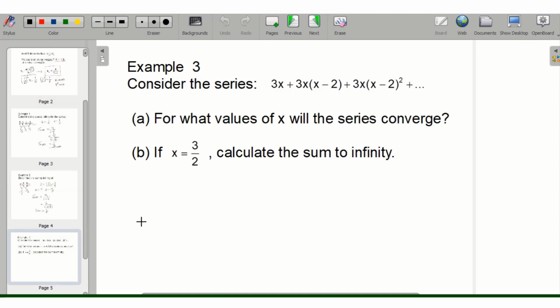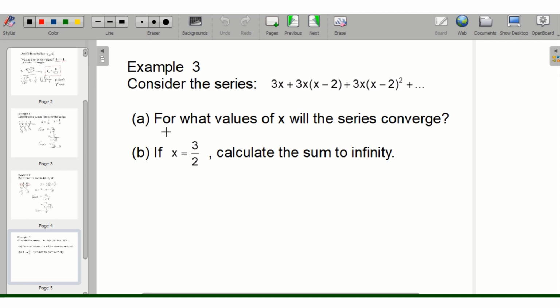So example 3. In this example, it's a little bit different from the previous two examples. In this particular case, you have a series that has unknowns. You can see the first term is 3x, second term is 3x into x minus 2. So there's an unknown.